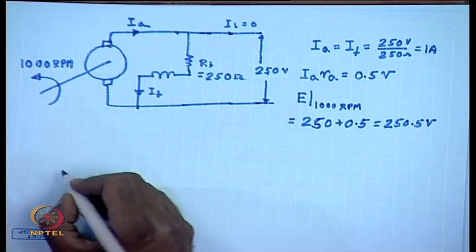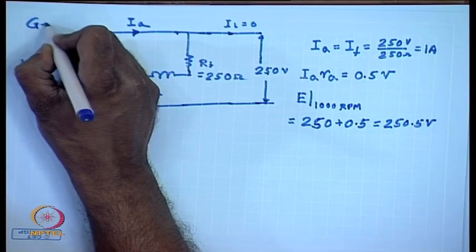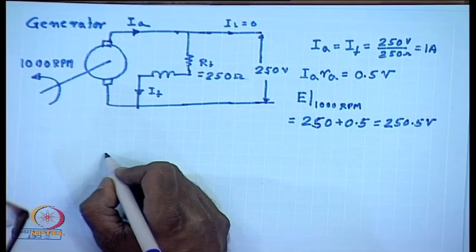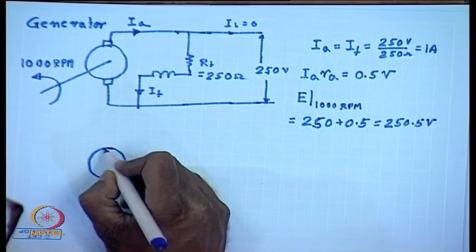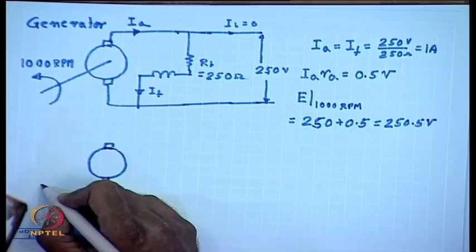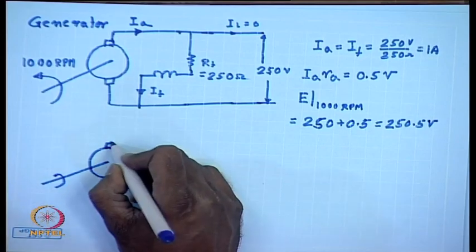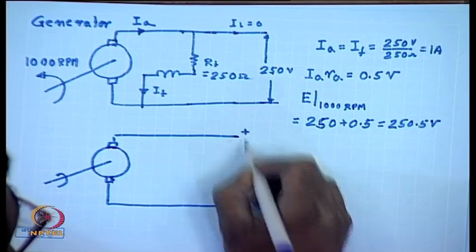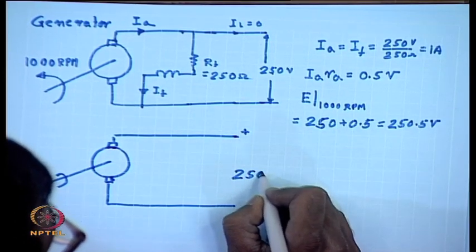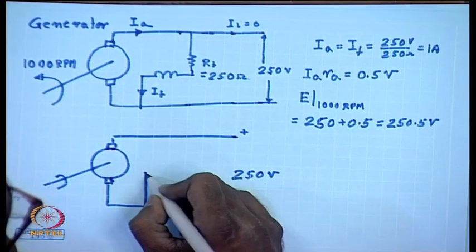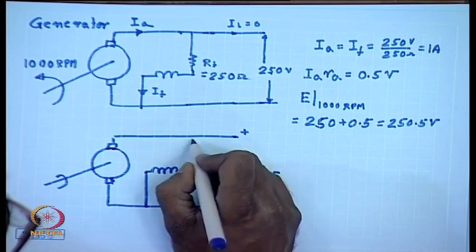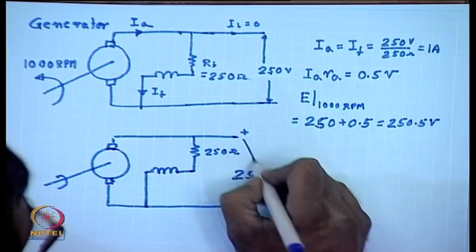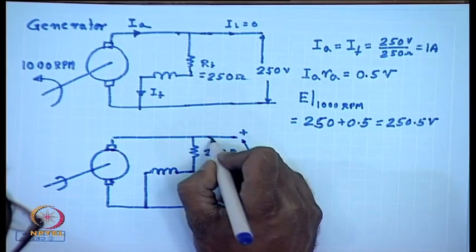Now, let us try to find out the no load speed when this machine is run as a motor. This is the generator. The machine is again supplied from a 250 volt supply, the same field winding of 250 ohm resistance, and the load current drawn is 4 ampere.